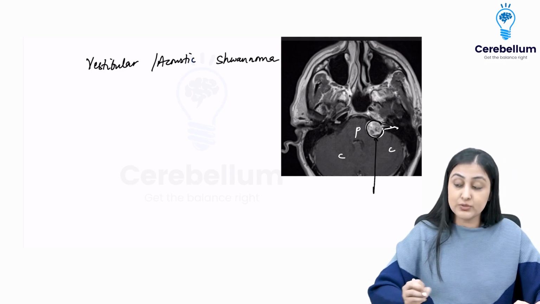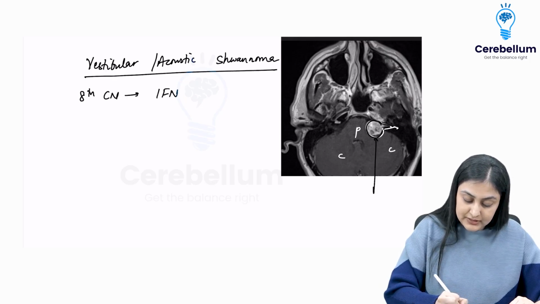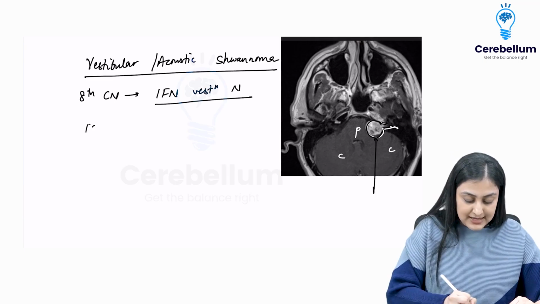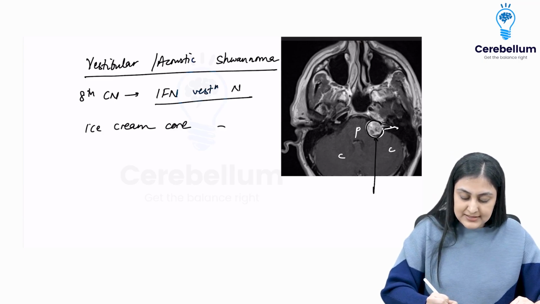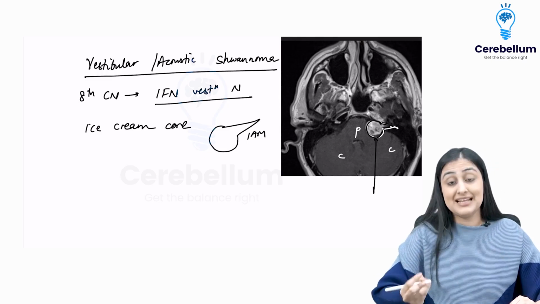So this is a tumor that arises from the 8th cranial nerve, particularly the inferior vestibular part of the 8th cranial nerve is the most common site, and this has this ice cream cone appearance because at the CP angle it has this larger part, and when it goes into the internal auditory meatus it tapers.